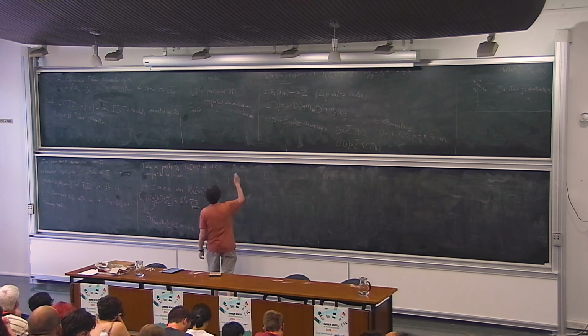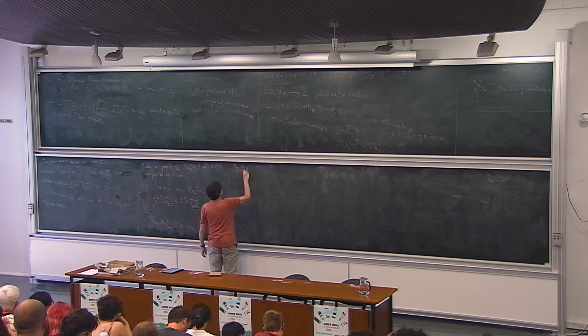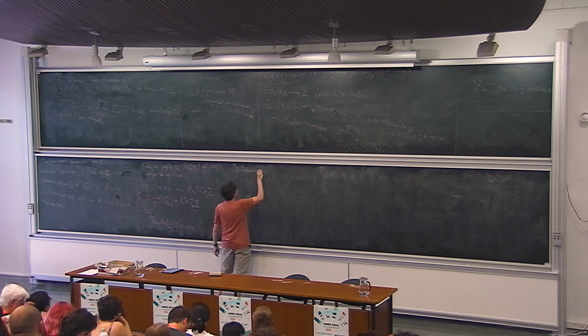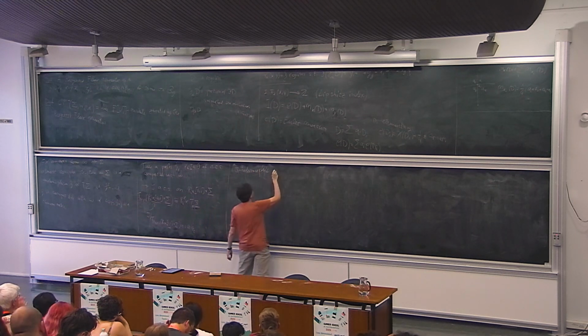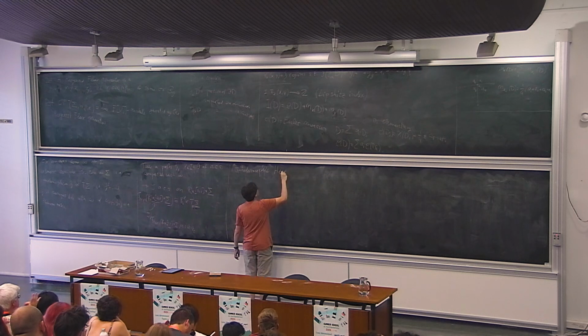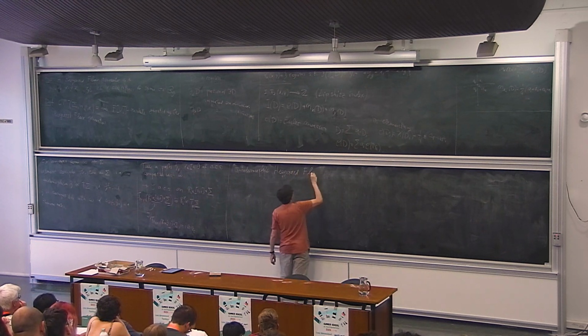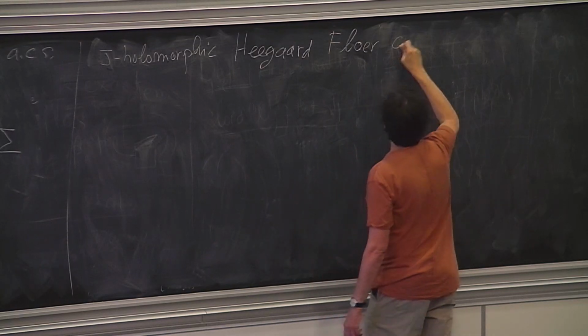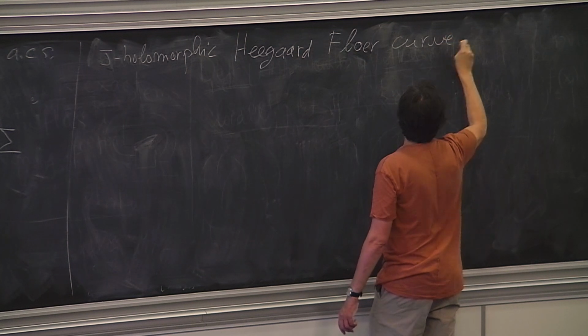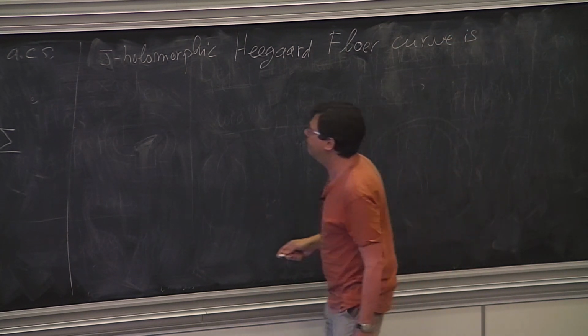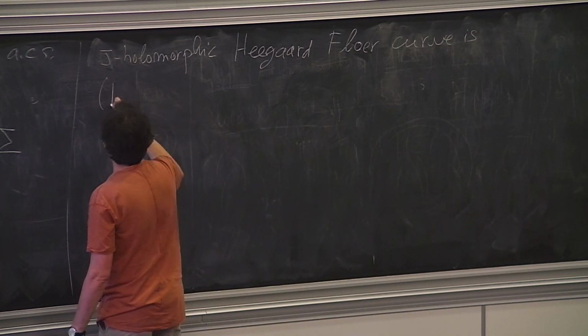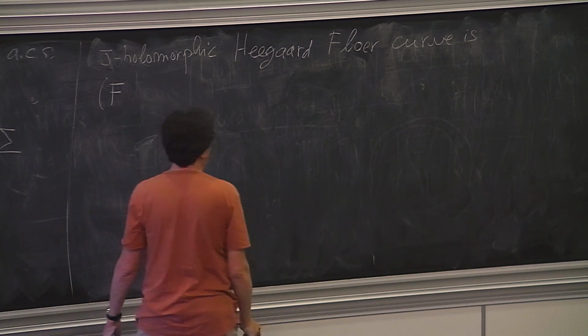So a J-holomorphic Heegaard Floer curve is, this is a very long definition, so I'm sorry.